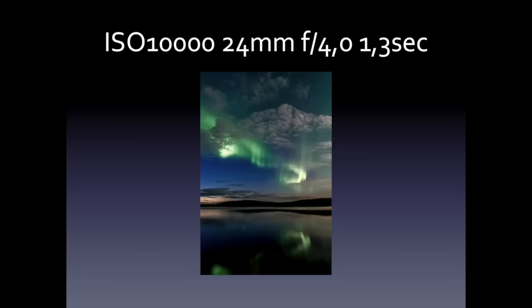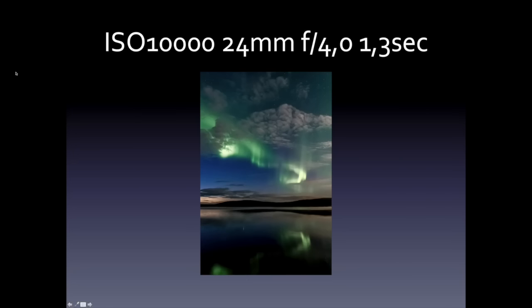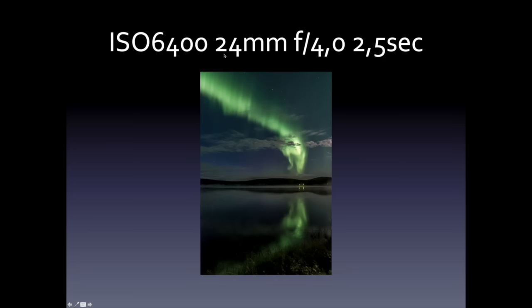Okay, here is a sample of two photos. They were taken maybe 10 or 15 minutes from each other. Here are the settings. On this one, ISO is 10,000 and the exposure time is 1.3 seconds, which is quite fast. And over here ISO is 6400 and it's 2.5 seconds.